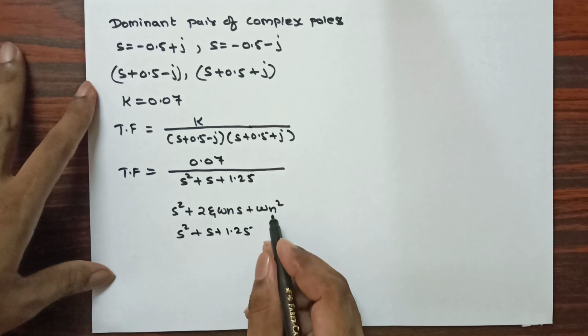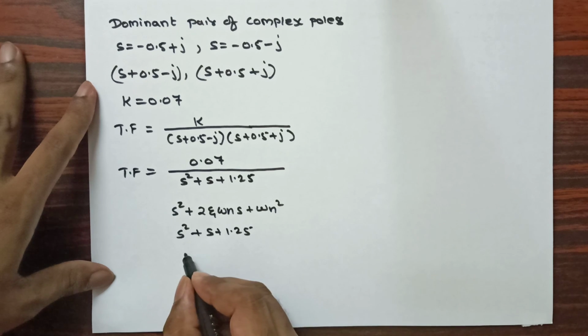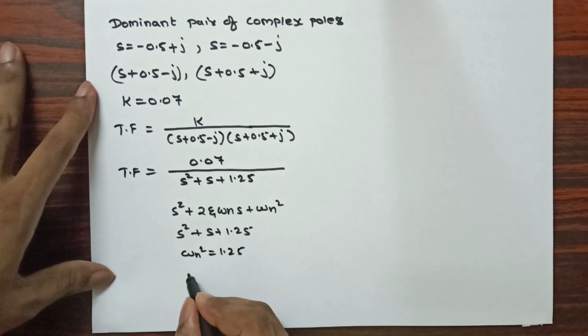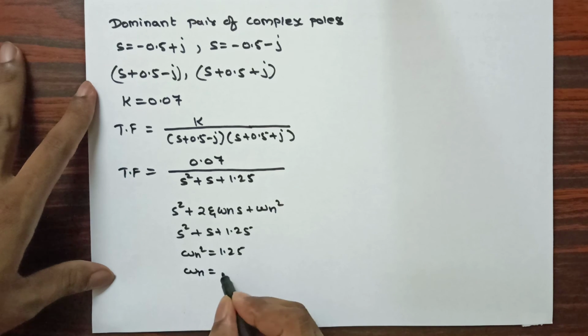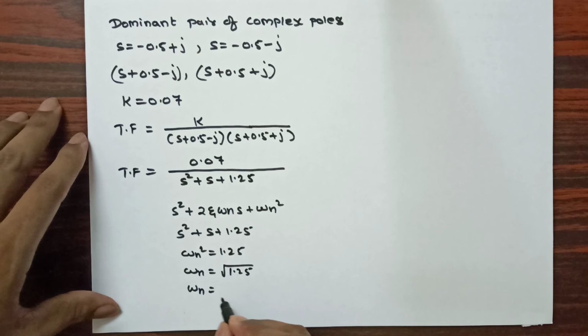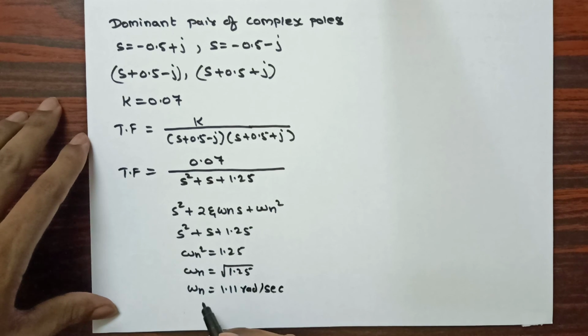By comparing with the standard characteristic equation, ωn² is equal to 1.25, that is ωn is the root of 1.25, which is 1.11 radians per second. So if in the problem it is asked to calculate the natural frequency, then in this way we find the natural frequency.